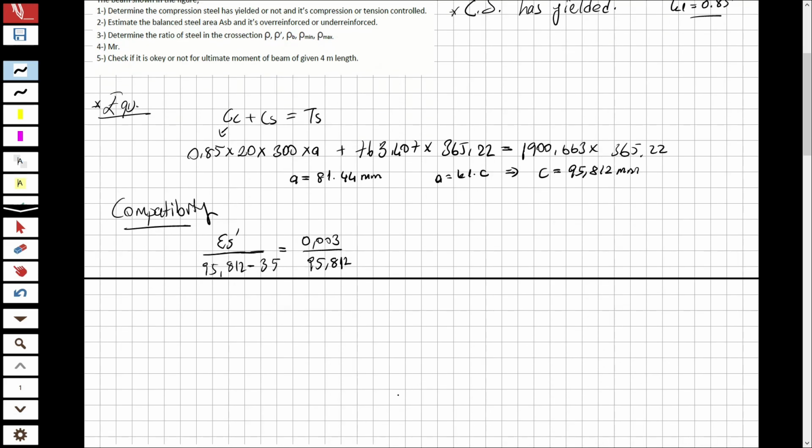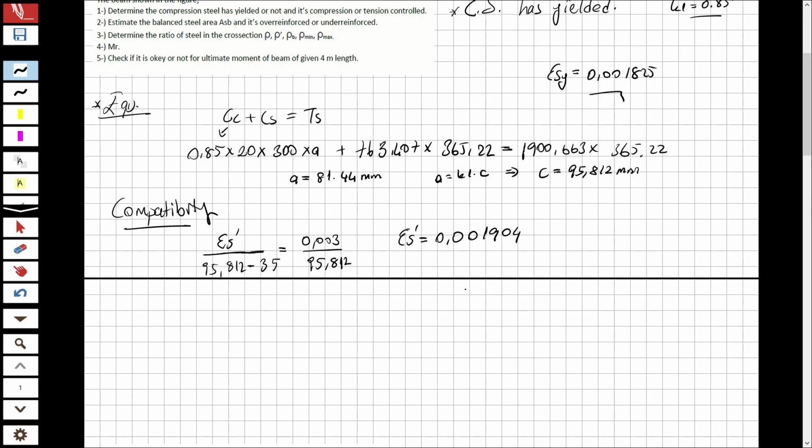So from here, now I'm going to obtain the strain of the compression steel as 0.001904. Normally the yield strain of the steel, epsilon SY, is equal to 0.001825.